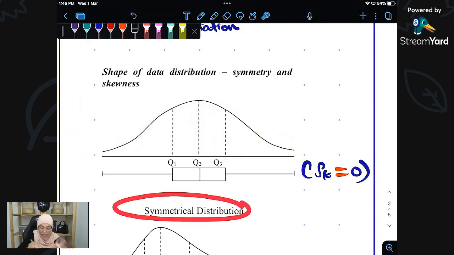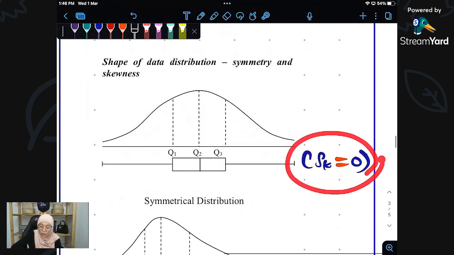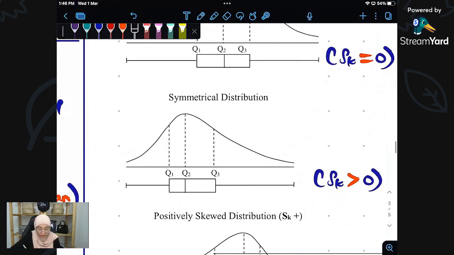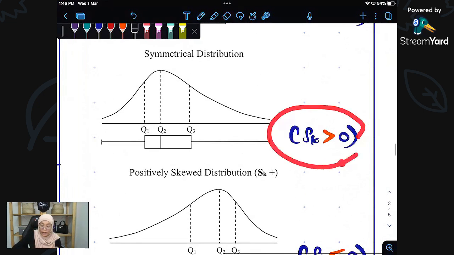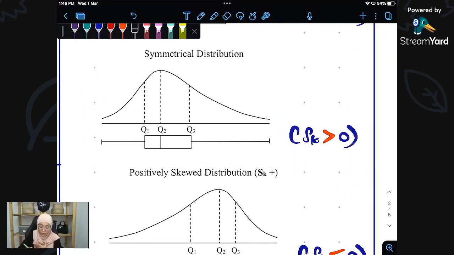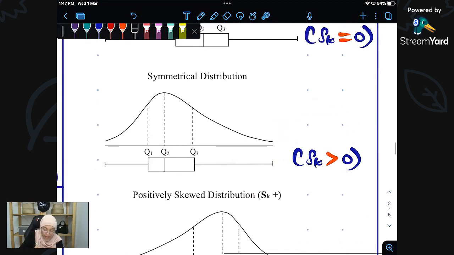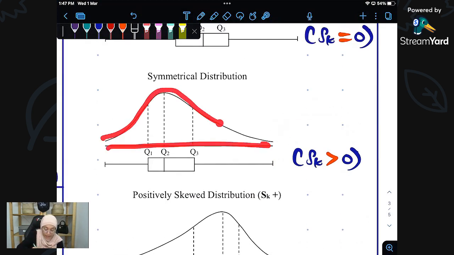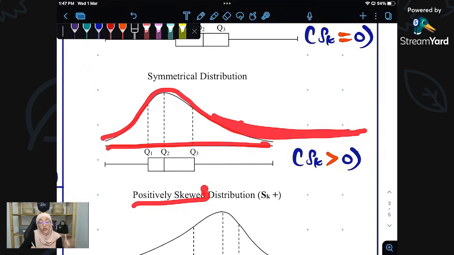So they call it symmetry distribution, and so the skewness is 0. Tapi kalau let's say you dapat skewness dia more than 0, it is positively skewed. Dan gambaran dia adalah begini. So you can see a sort of constant data here di bahagian kanan. So constant data di belah kanan ni kita panggil dia positively skewed ataupun skewed to the right.